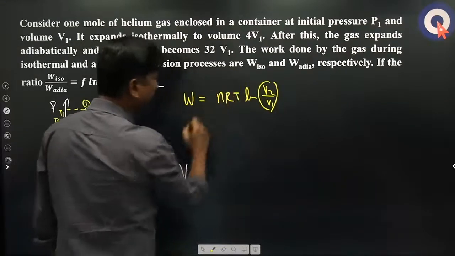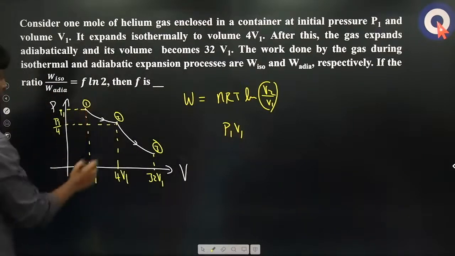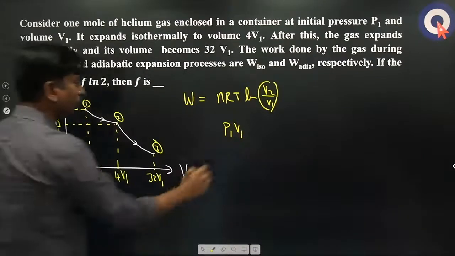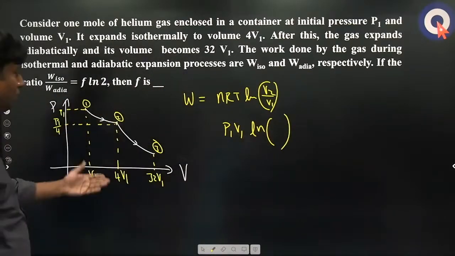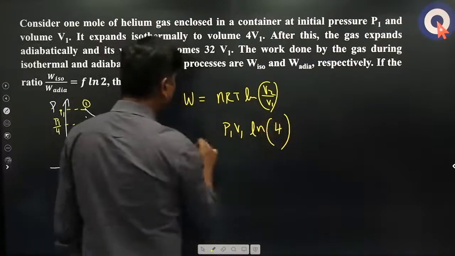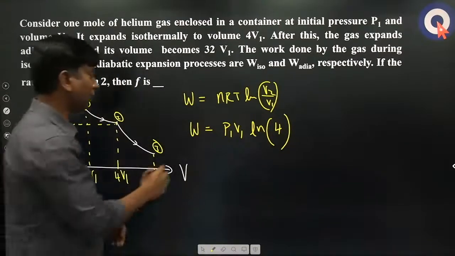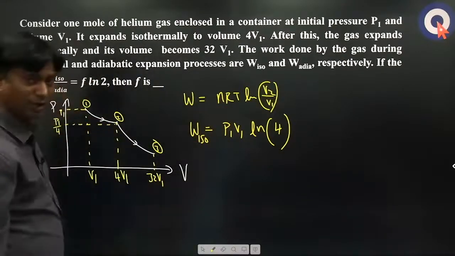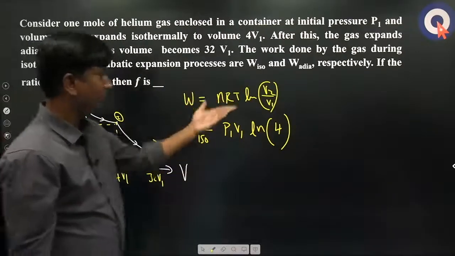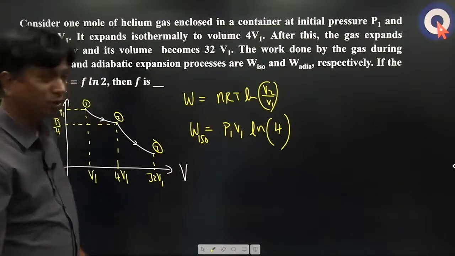So you can write it as P1 V1, because the product of P1 V1 here and here is the same. Ln of V2 by V1. So this volume by this volume, how much? You will get 4. This is the work done. Simple. So in isothermal process, straightforward question. And even if they ask you heat also from 1 to 2, Q also is same actually. Q and work done, both of them are same in the isothermal process from 1 to 2.